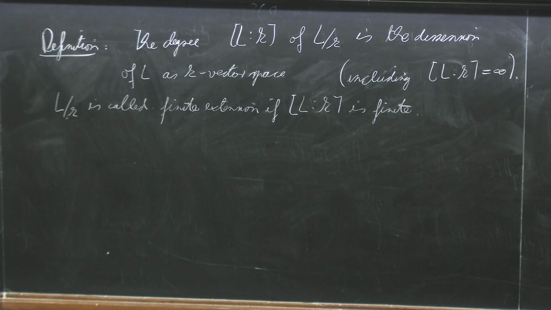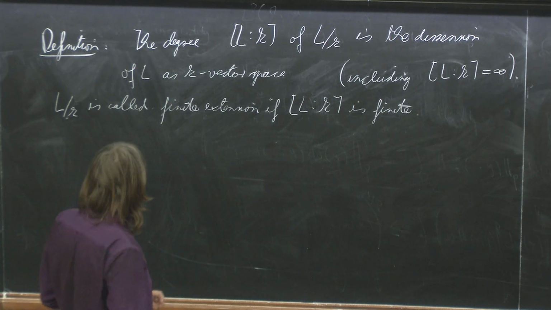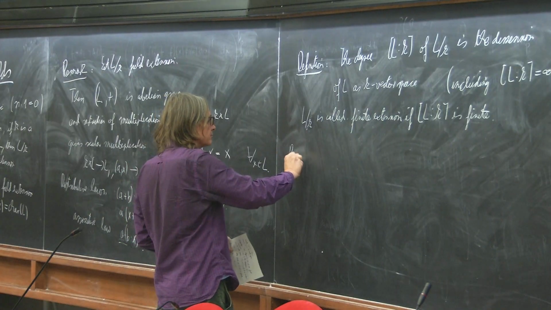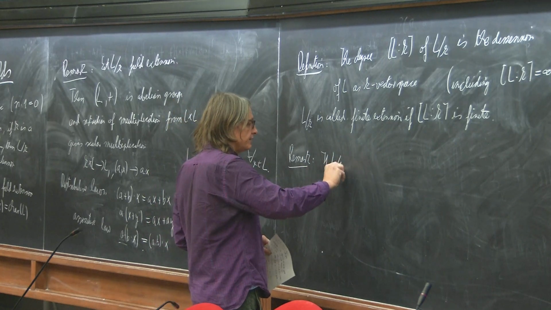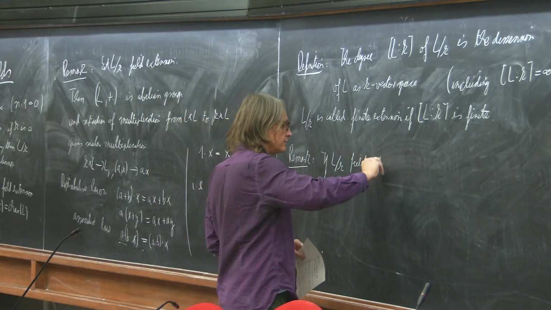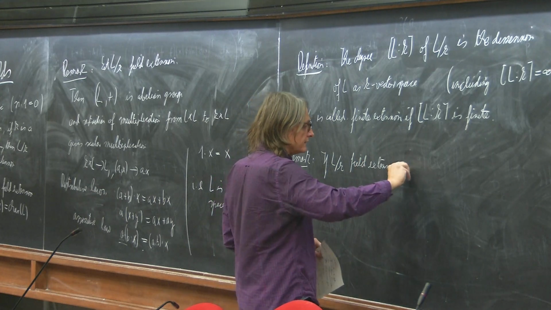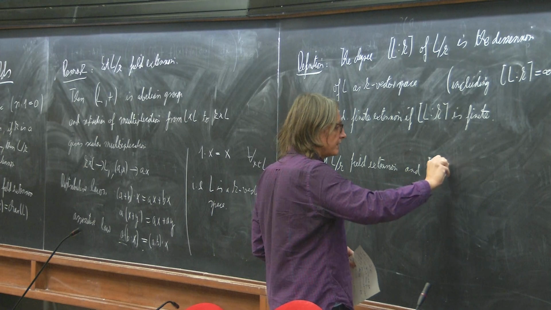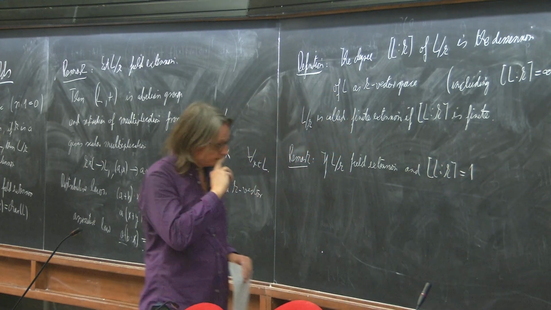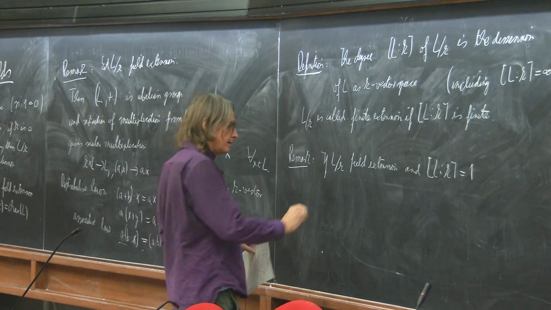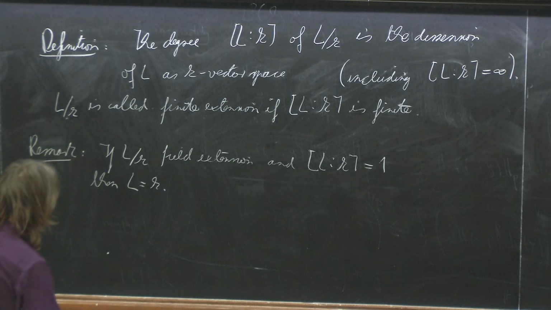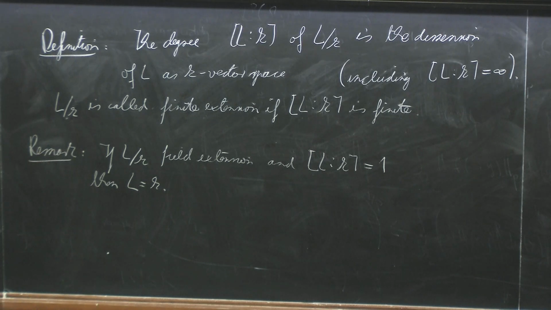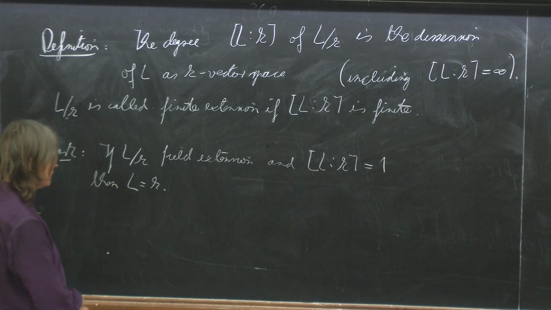In particular, it is clear that if the degree of the field extension is 1, then L is just equal to K. So if L over K is a field extension and the degree of L over K is equal to 1, then L is just K. This is because now L is a one-dimensional K-vector space, so any non-zero element will be a basis.